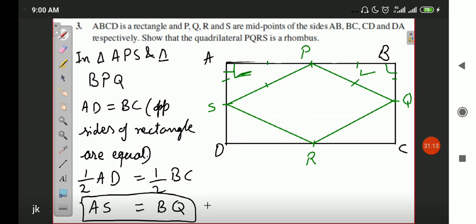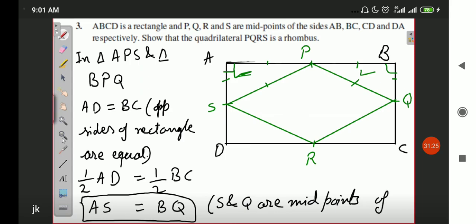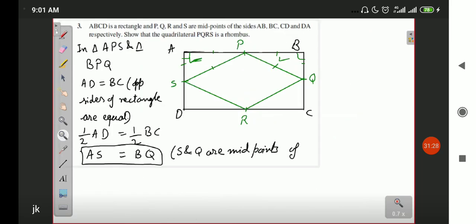How so? Because S and Q are midpoints of AD and BC respectively.